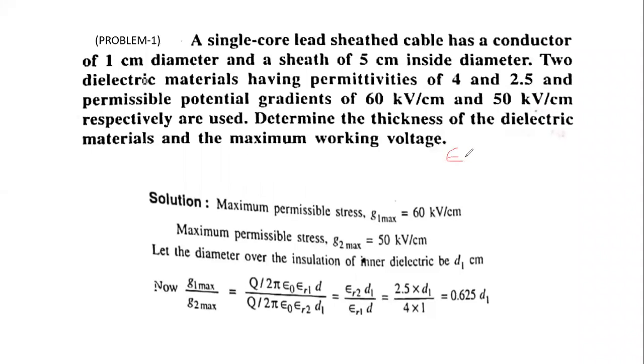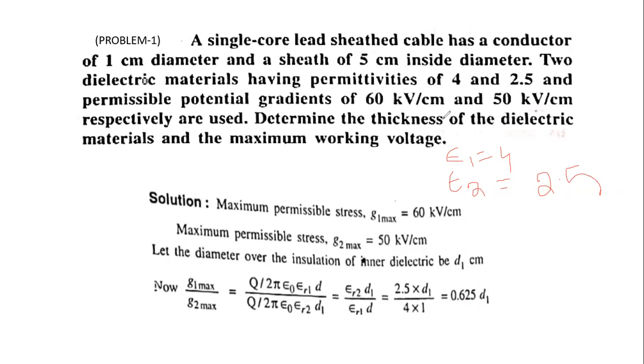Therefore, epsilon 1 is equal to 4 and epsilon 2 is equal to 2.5. This is the relative permittivity, and the potential gradient is 60 kilovolts per centimeter.